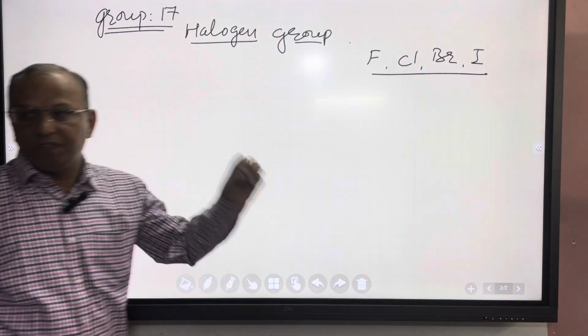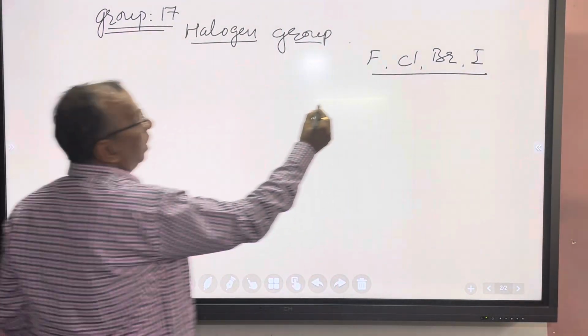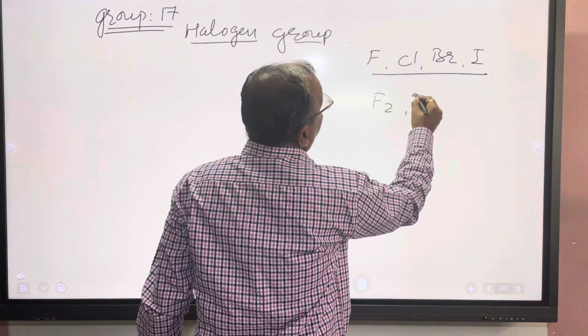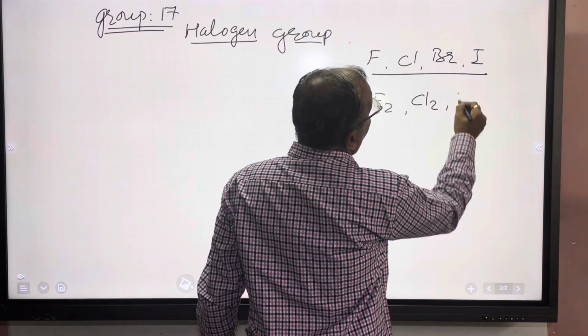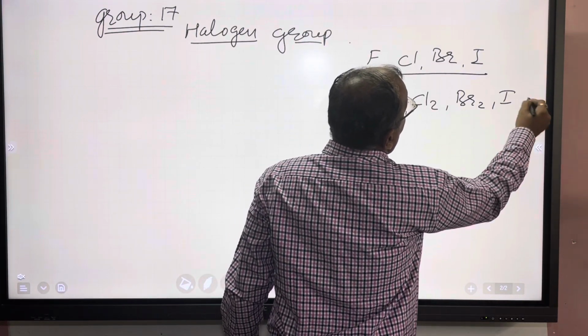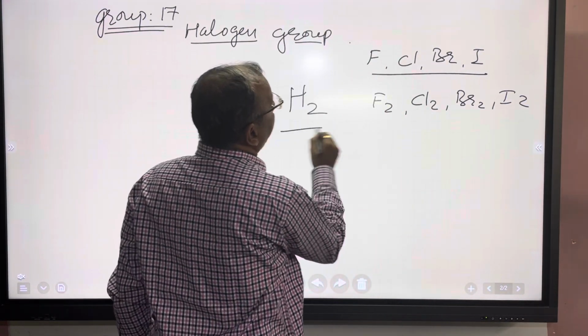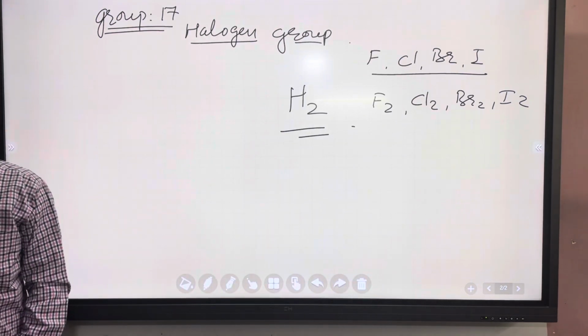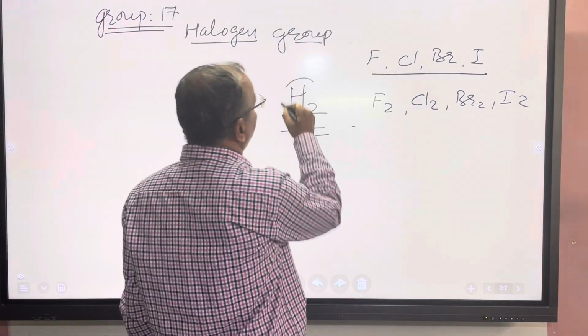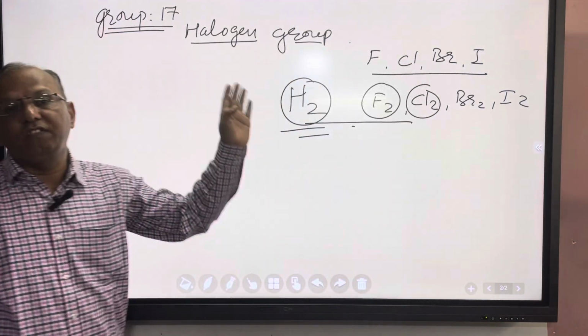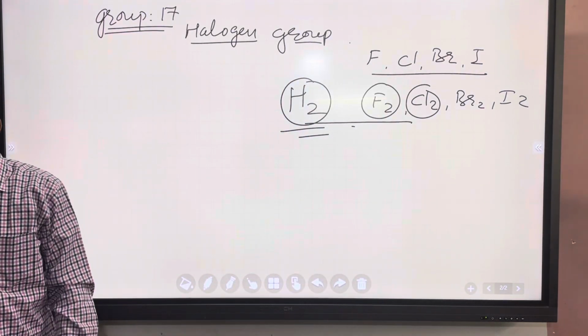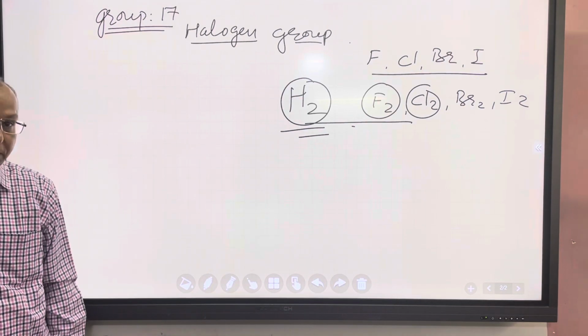These elements are all diatomic, and similarly hydrogen is also diatomic. So this is a similarity. One more similarity is that hydrogen, fluorine, and chlorine are gaseous elements. So this is the second similarity.